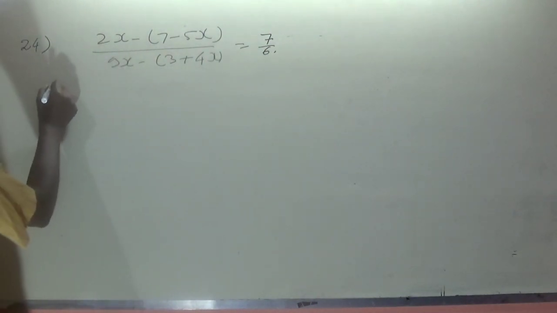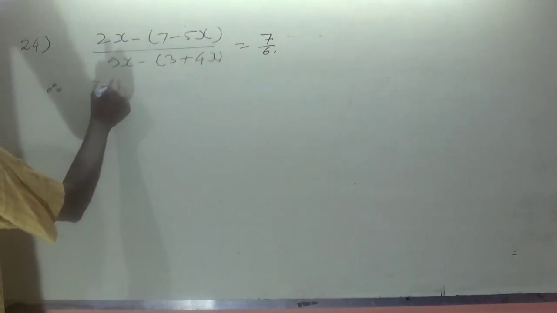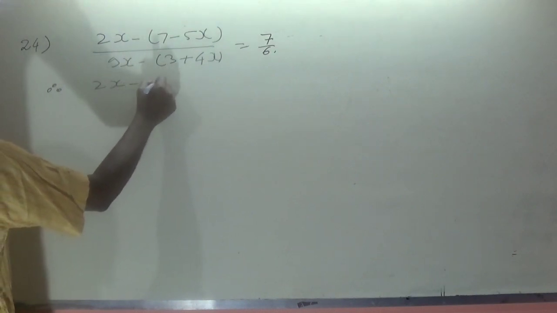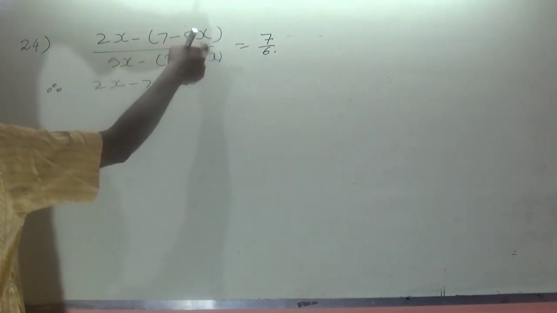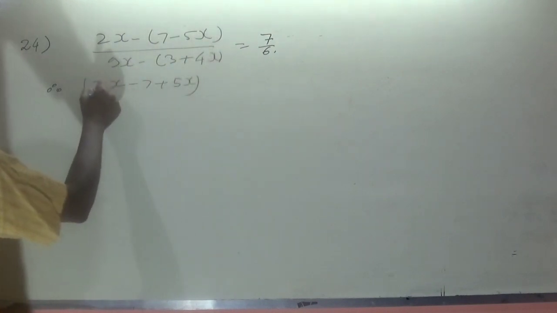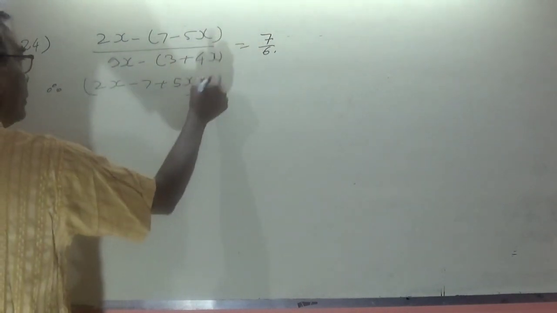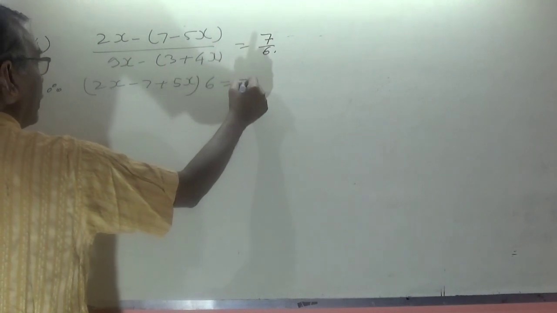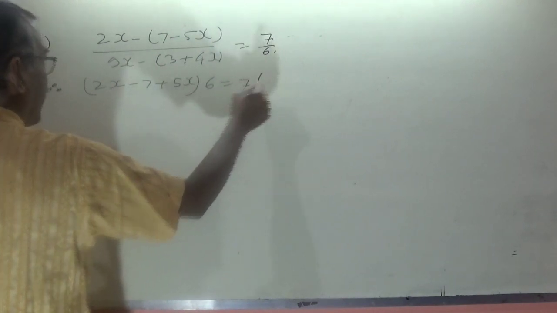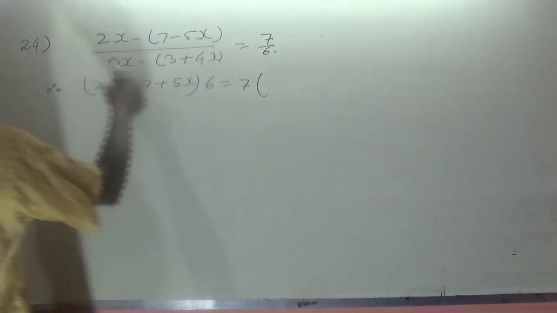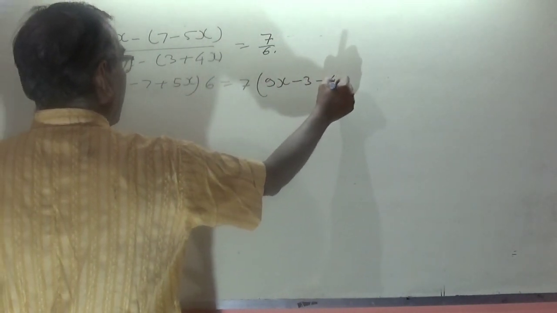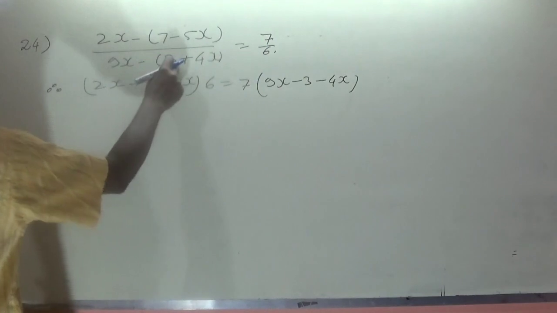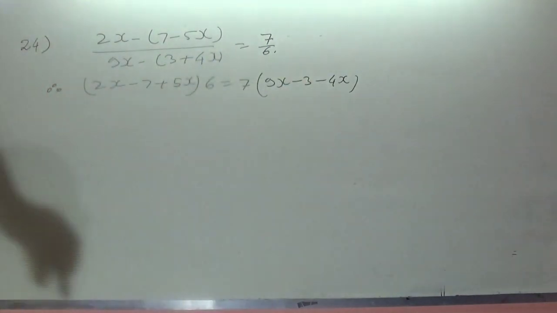Therefore, 2x minus 7 plus 5x. The bracket has been opened here, and at the same time I am shifting this 6 here, will be equal to 7 into bracket 9x minus 3 minus 4x.